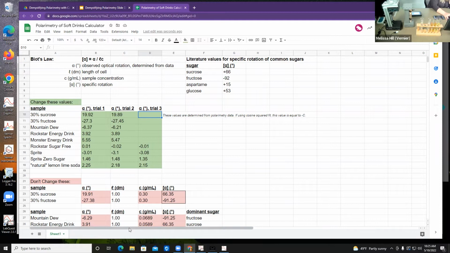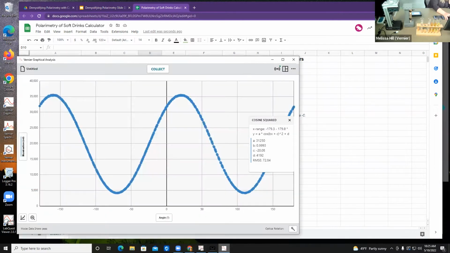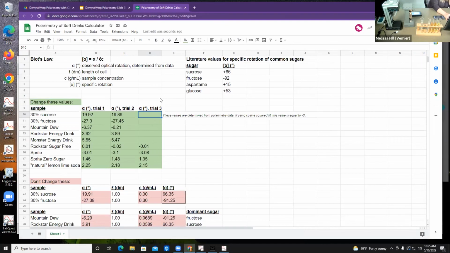But my 30% sucrose solution, if I go here, gave me an observed optical rotation of 20.08. So I go over here and type in 20.08, and these are all my trials that I've done with this solution. And how this sheet works is the observed optical rotation down here is the average of all my 3 trials.